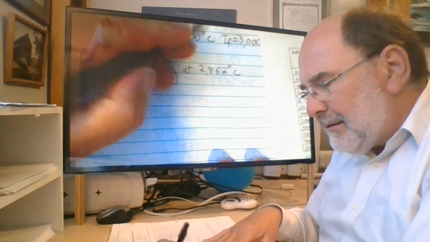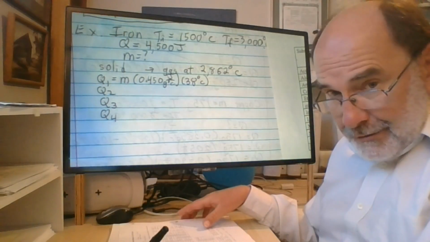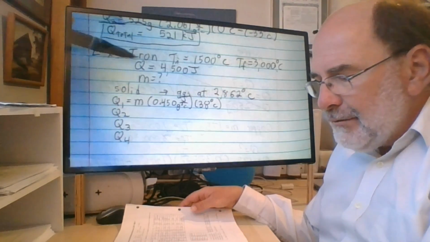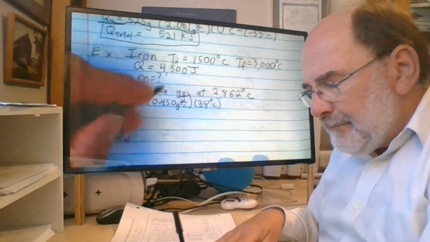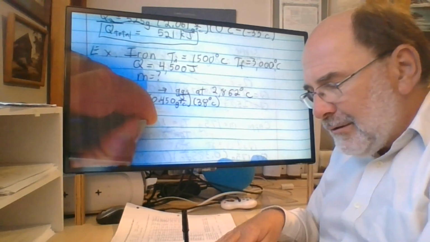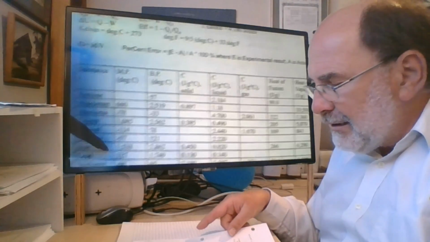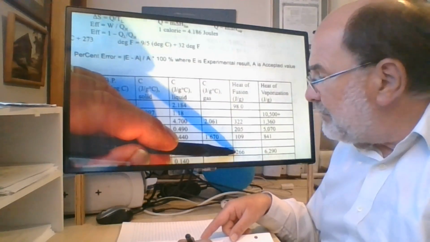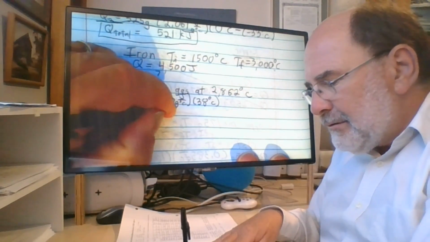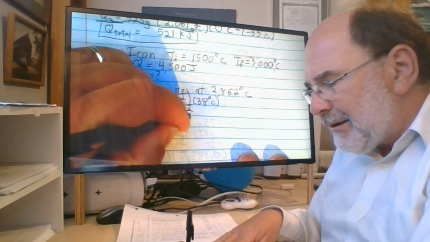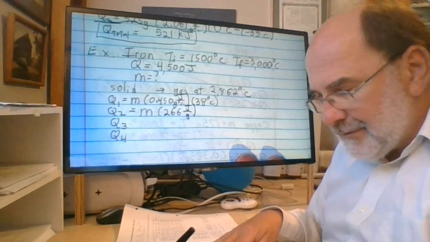So in my head, the change in temperature is going to be 38 degrees Celsius. This will get my solid iron up to its melting point. Next, I need to melt this iron. So I look up for iron. The heat of fusion is listed as 266 joules per gram. I've now melted my unknown quantity of iron.